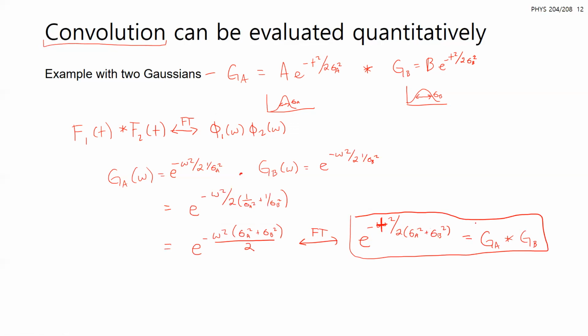So what we can see is if we convolve two Gaussians here, what we get is another Gaussian out, but its width is going to be the sum of the squares.